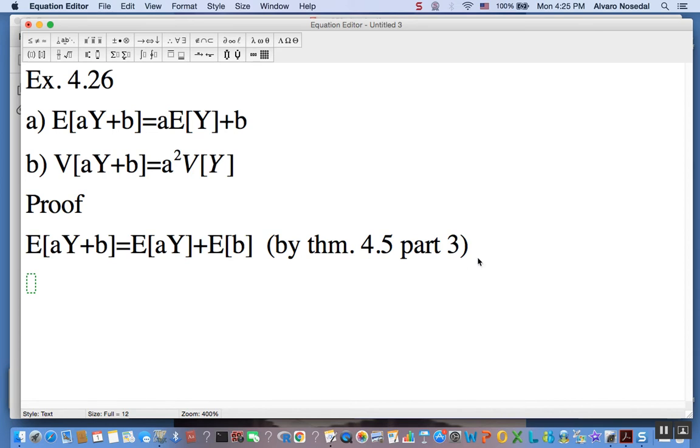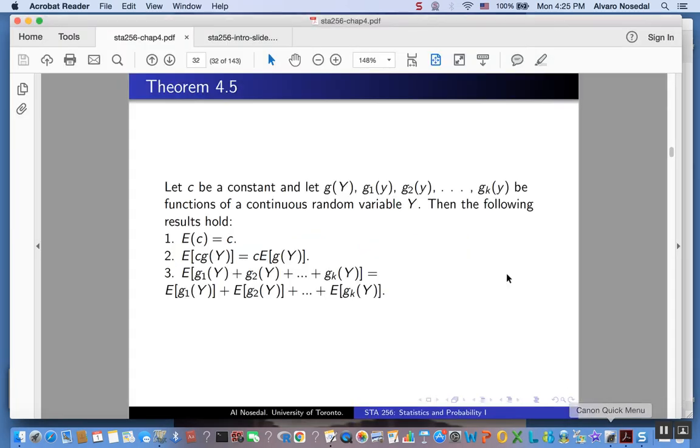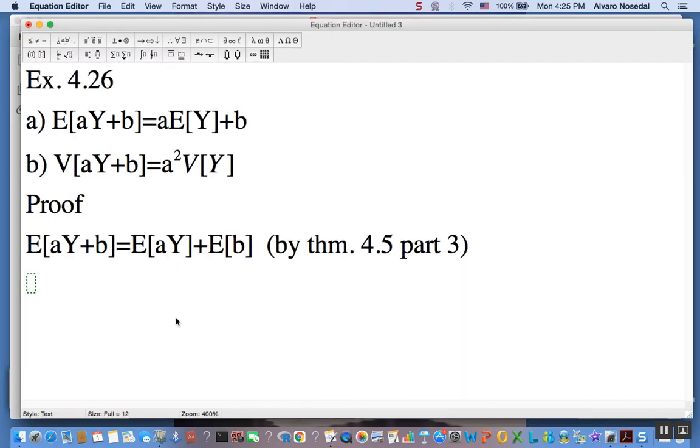Also, note that we want the expected value of a constant and the expected value of a times a random variable. By part 2 we have that the expected value of a times Y equals a times the expected value of Y, and by part 1 we have that the expected value of a constant is the constant itself.